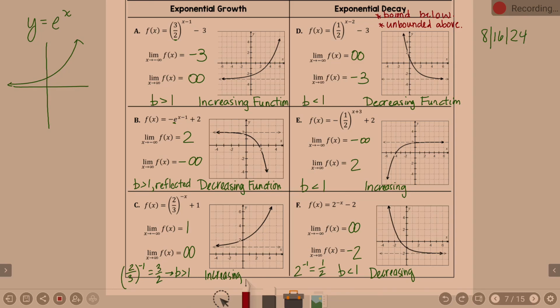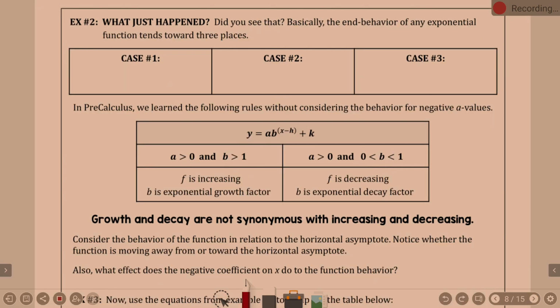Okay. And if you didn't notice, these on the left all start off as exponential growth functions because b was greater than 1. These on the left all start off as exponential decay because b is less than 1. Basically, the end behavior of any exponential function tends towards 3 places.